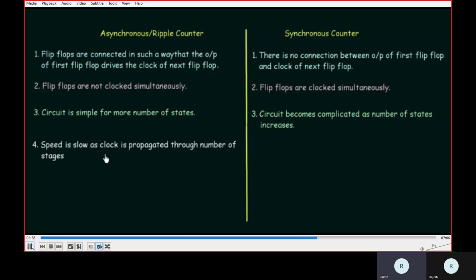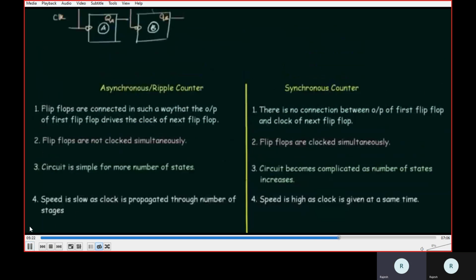In asynchronous ripple counters, the clock is not the same; they are not clocked simultaneously. The circuit is simple, but speed is slow as the clock is propagated through a number of stages. Whereas for synchronous, there is no connection between the output of the first and the clock of the next flip-flop. Flip-flops are clocked simultaneously. The circuit becomes complicated and speed is high.